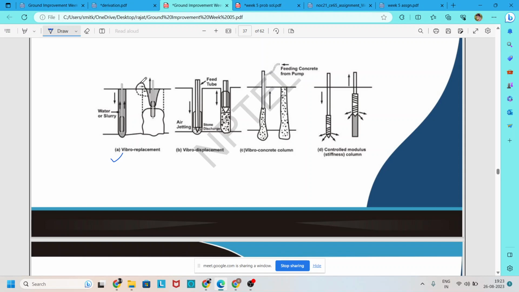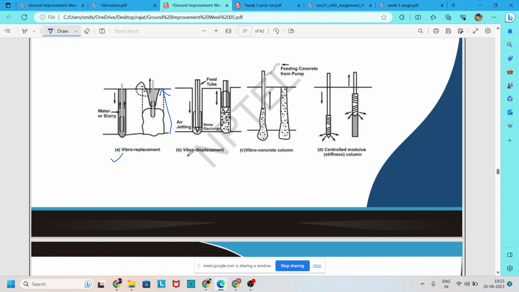After removing this slurry, we insert good, stiff and dense material and vibrate it, gradually increasing until we reach the ground surface, and a compacted material zone is created.